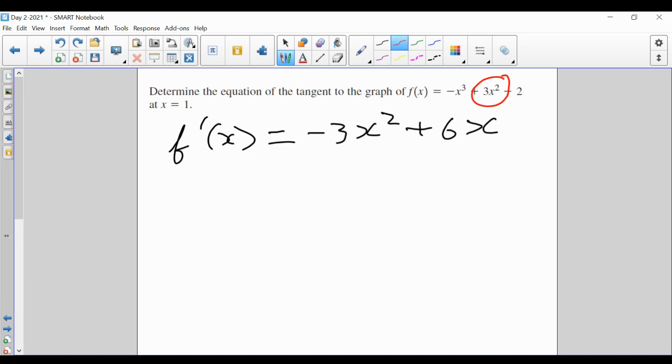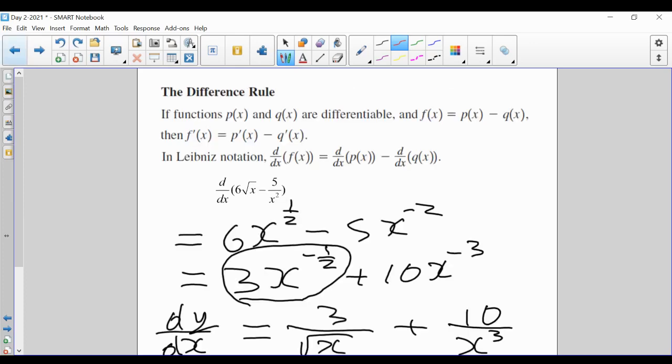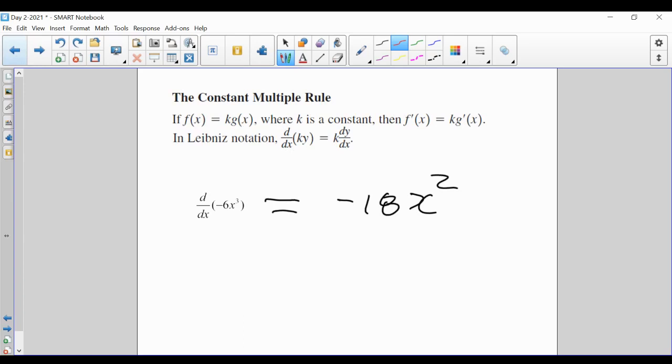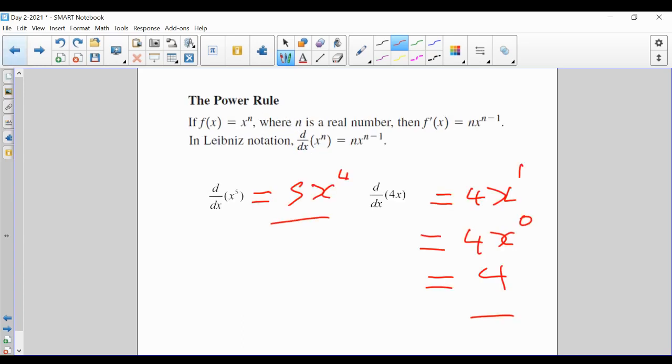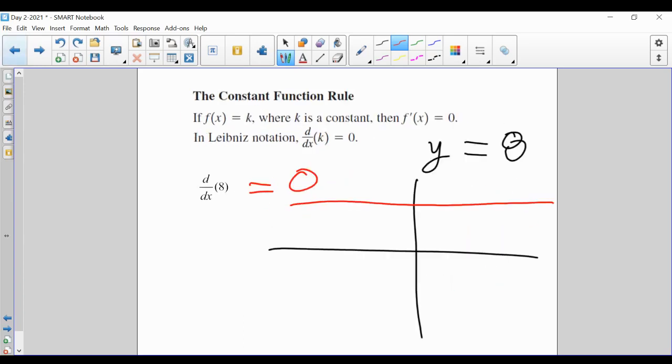Remember what we said? Stephen is asking the question, just as I'm talking about it. What happened to the 2? Did we just kill off the 2? Let's go back again and remind you about something. The constant function rule. When you find the derivative of a constant, a number, just a 6 or a 10 or a million or whatever number it is, it goes poof, it's gone to 0.